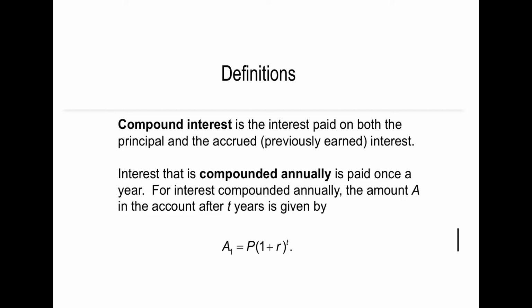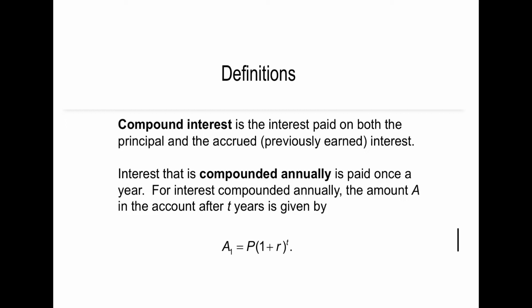But with compound interest, every time we add money to that principal, we're also going to calculate the percentage based on that new total. So in compound interest, we end up paying a lot more interest because the interest isn't just on the original principal, but it's also on the new totals that we get once we are paid that interest.